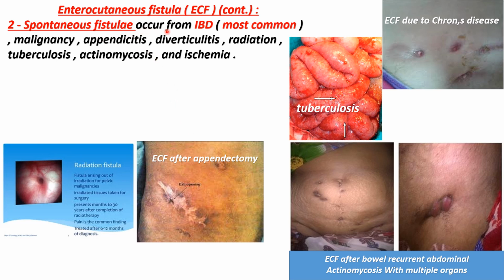Spontaneous fistulas occur from inflammatory bowel disease, most common, malignancy, appendicitis, diverticulitis, radiation, tuberculosis, actinomycosis, and ischemia. We are seeing here a case of enterocutaneous fistula after appendectomy, and enterocutaneous fistula due to recurrent abdominal actinomycosis with multiple organs.